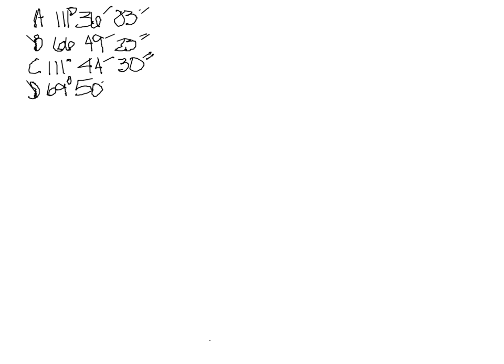69, 50, 30. Okay, so when you add all of these up, you're off by 26 seconds. You come up to 360 degrees, 0 minutes, 26 seconds. 26 seconds does not divide evenly by 4.